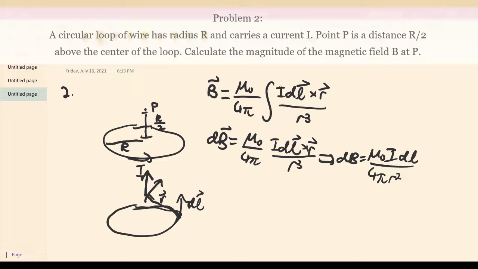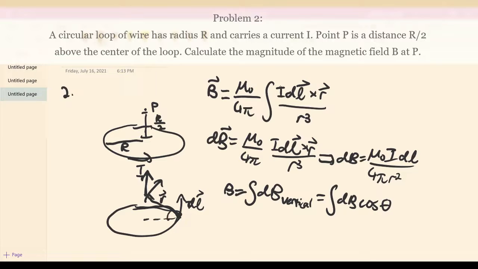So B is equal to the integral of dB, but only the vertical part, which is the integral of dB cosine theta, where theta is this angle.